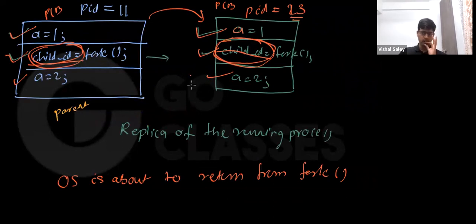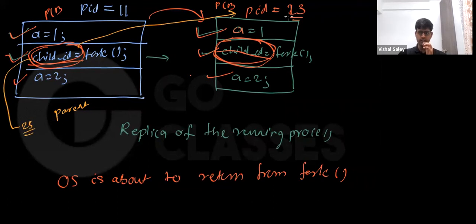Like we said, we have created two processes now, and both of them will start resuming. In both cases the fork will return some value, right? Here it will return some value, here it will return some value. So in the original process which initiated the fork system call, the value that fork returns is basically the PID of the child. So it will return 23 here. This will be 23.